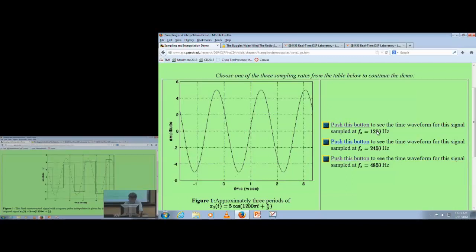Okay, so in this case, this critical sampling, actually we wouldn't have any harm. So in this case, the frequency of the cosine was 600 hertz. The sampling rate was 1250. That means the cosine has harmonics at 1200, 1800, and so forth.